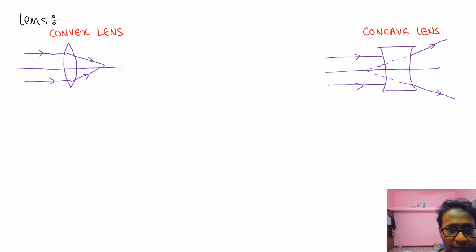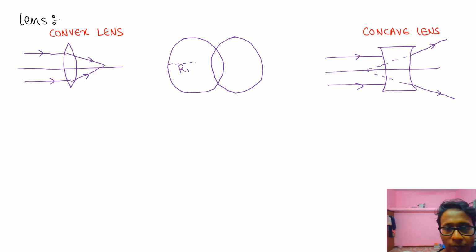So suppose I take a solid sphere of radius R1, and I take another solid sphere of radius R2. Then the intersection between these two spaces, this space, is nothing but a convex lens.